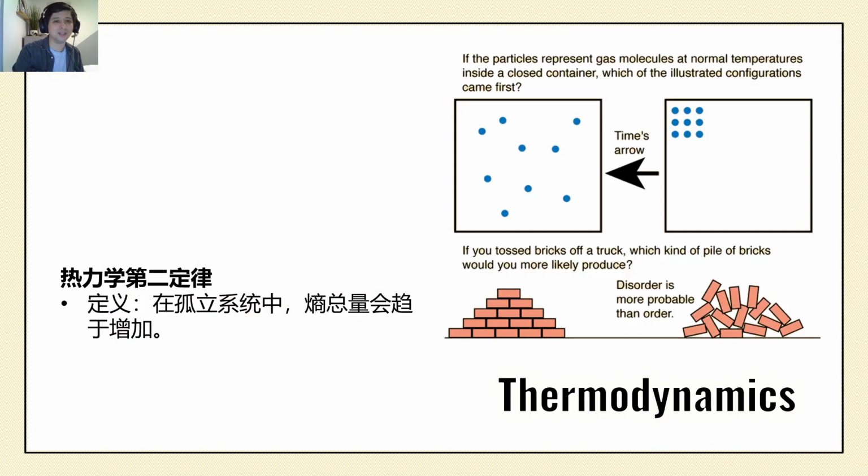Now the second law is where it gets a little bit more complicated. There's going to be a more complicated definition, and a more simple definition for the second law of thermodynamics, because the second law is very important for science, for physics, for chemistry, for biology, for everything. The second law affects all types of sciences.